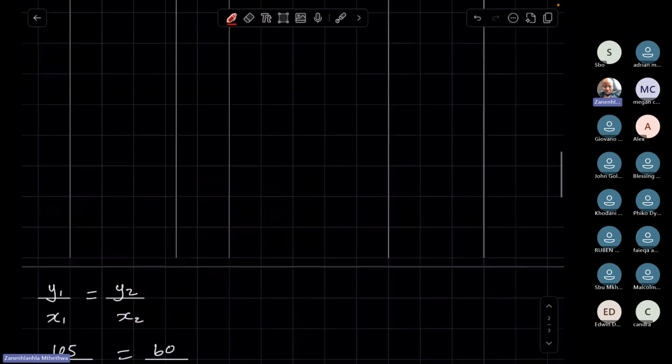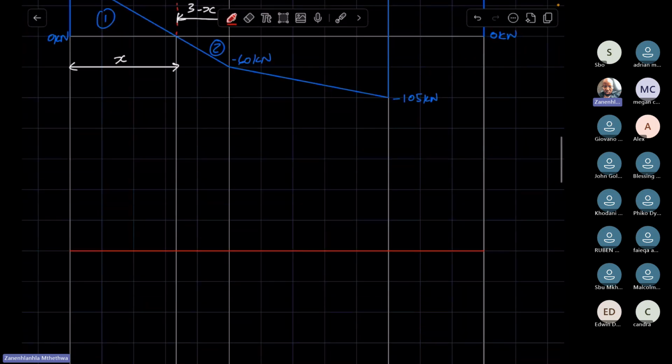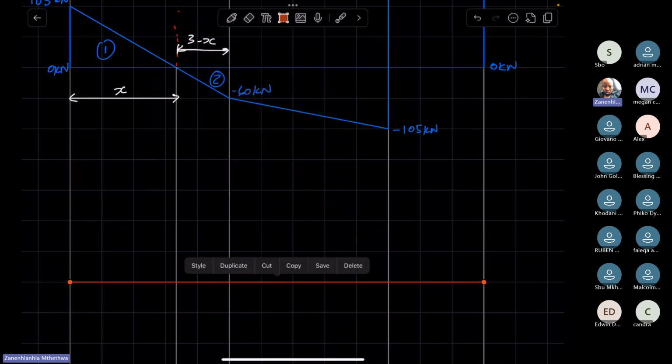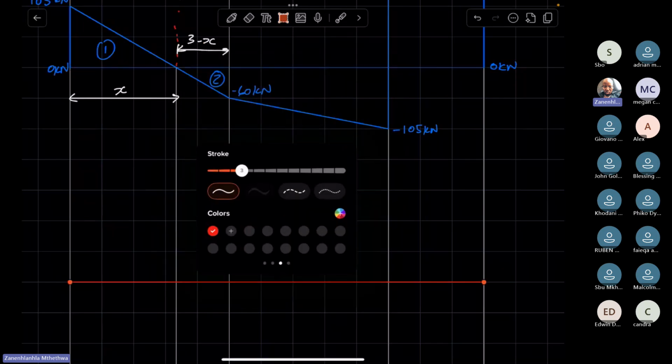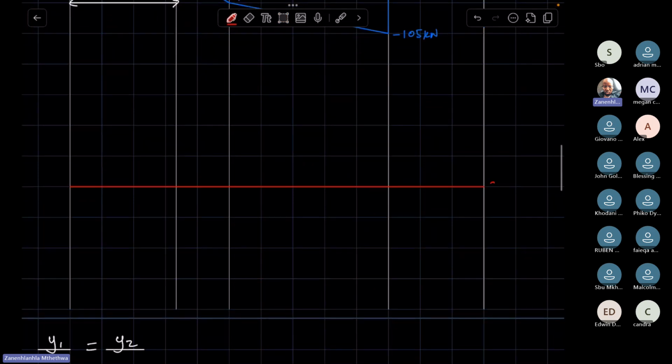Right, now you can draw your bending moment diagram. Again, with your bending moment diagram, you need to have a zero line. Let's take this as your zero line. This is where you have your 0 kilonewton meters.